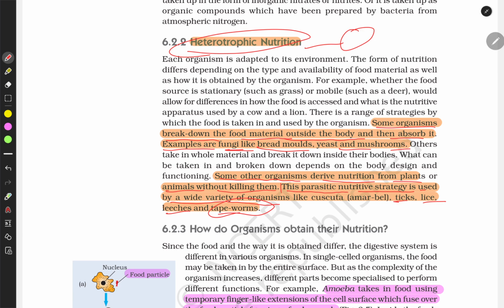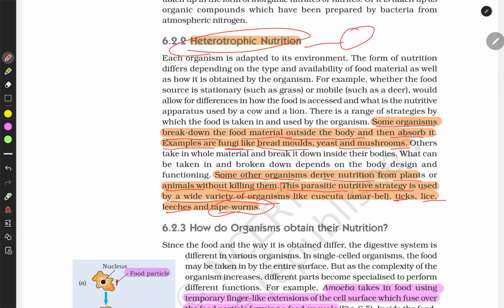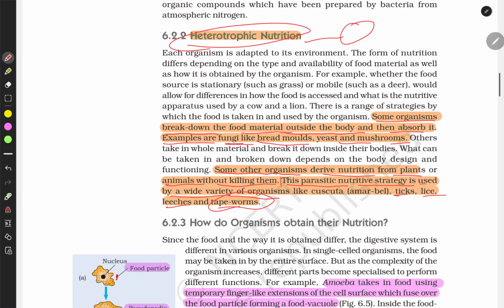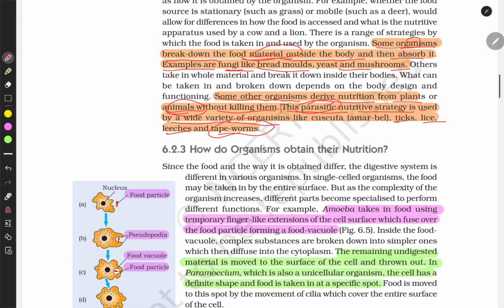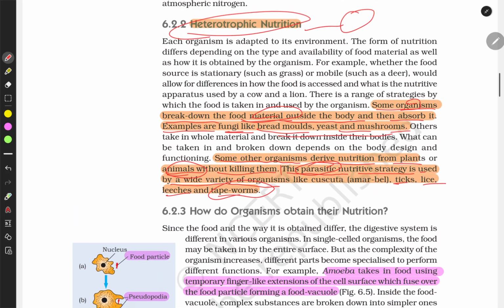So these are also subdivided into multiple categories. Some are parasites which use food without killing the other animals. And there are some organisms which use the food material from decayed or killed organisms. Fungi are the most common examples among these.